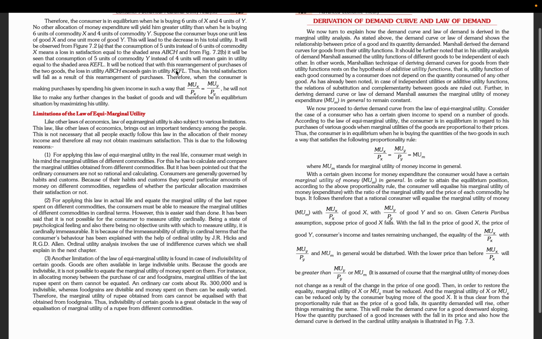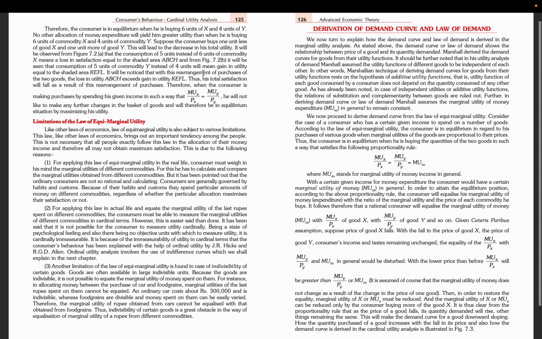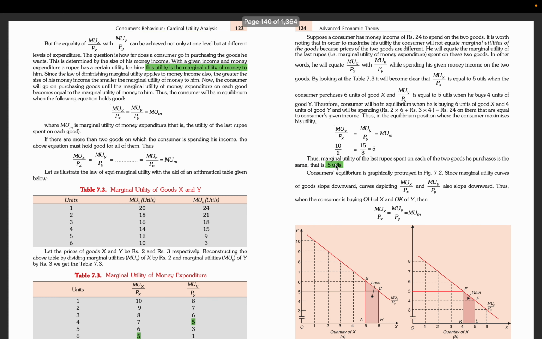It will be noticed that with this arrangement of the purchase of two goods, the loss of utility ABCH exceeds the gain in utility KELF. You can evidently see that this area is bigger than this one.